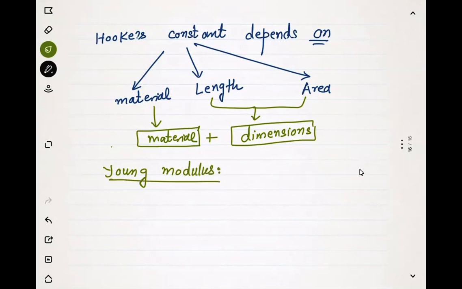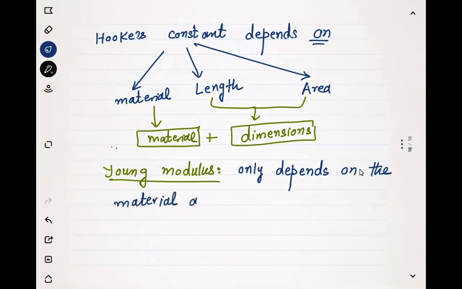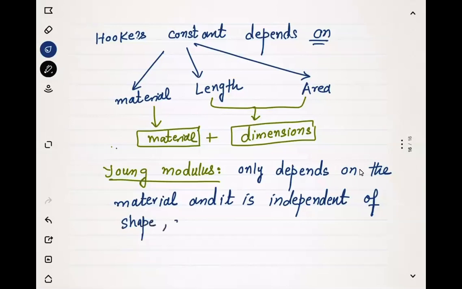The only difference is Young modulus only depends on the material and it is independent of shape, size, length or area.